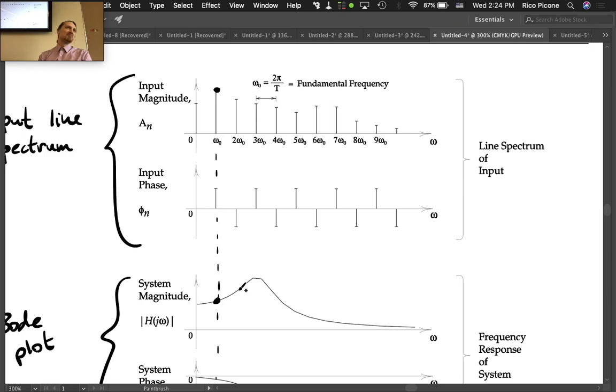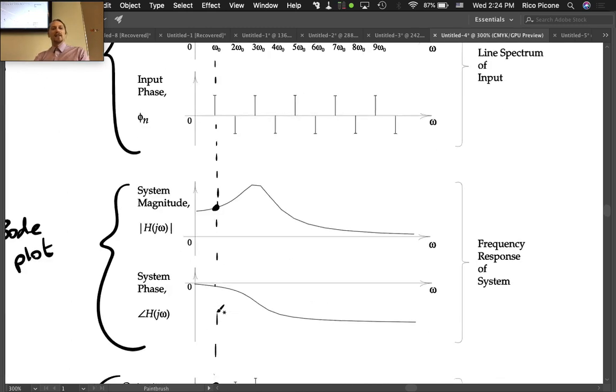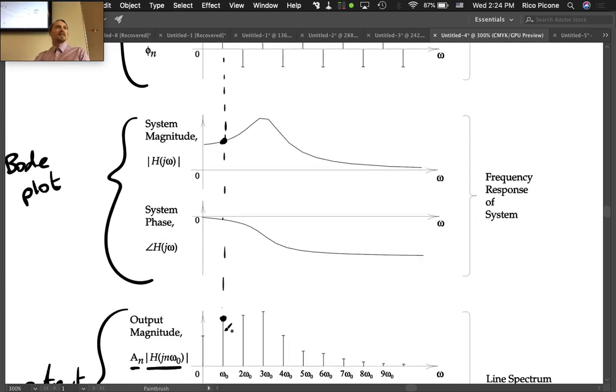Bang bang, get the output. This is not something we're necessarily going to do graphically, but something we're going to conceptualize: oh, okay, this gets multiplied by that to give us that.